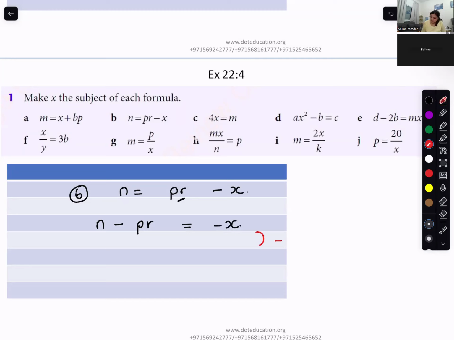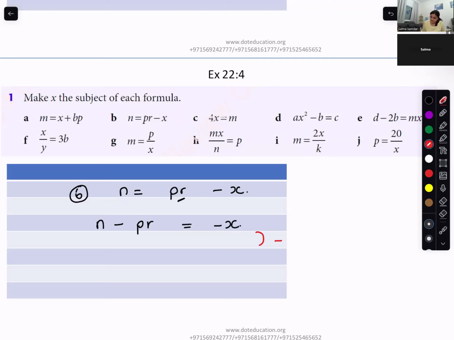So you're going to be left with d minus 2b minus c divided by m is equal to x. Now x has to be the subject, so x must be on the left and the remaining things towards your right. So this will be the solution for this one.